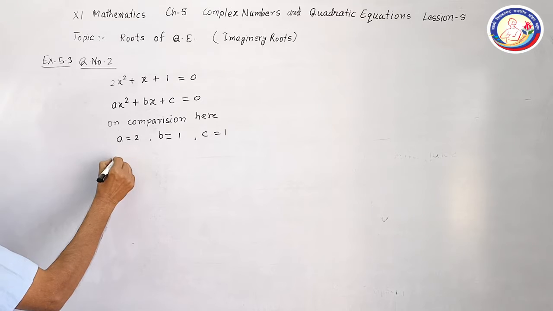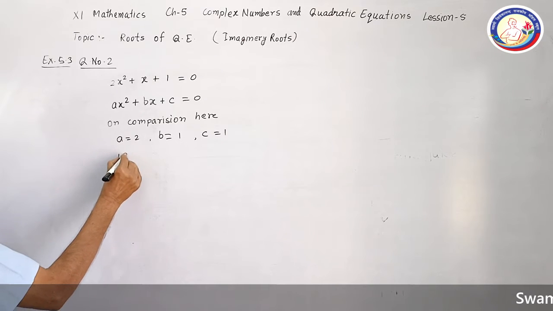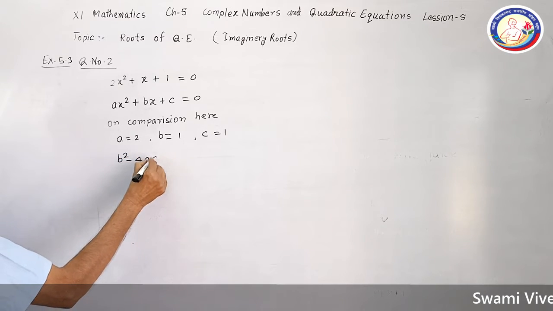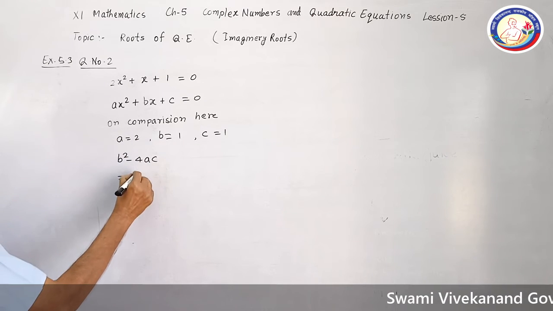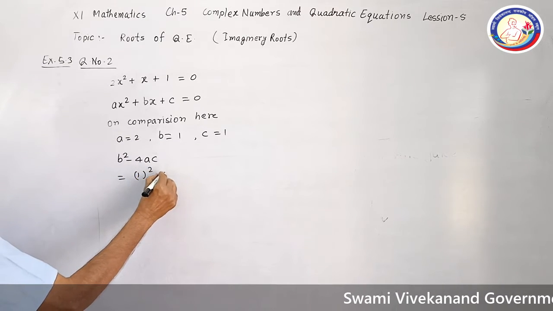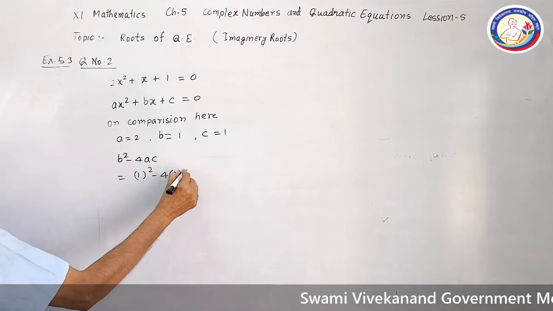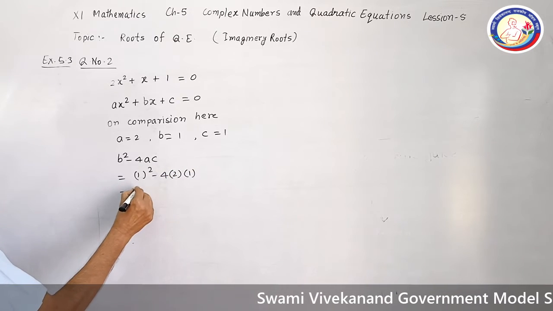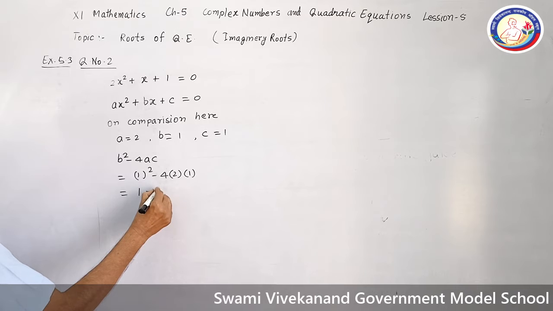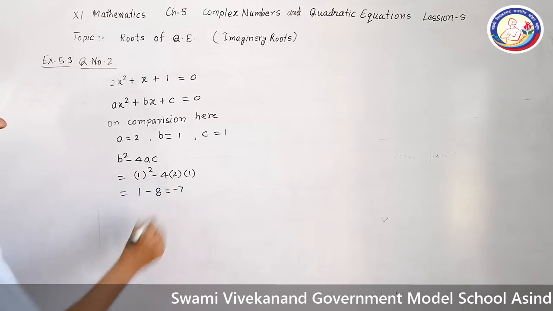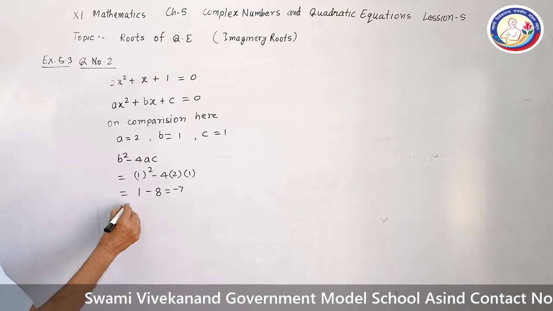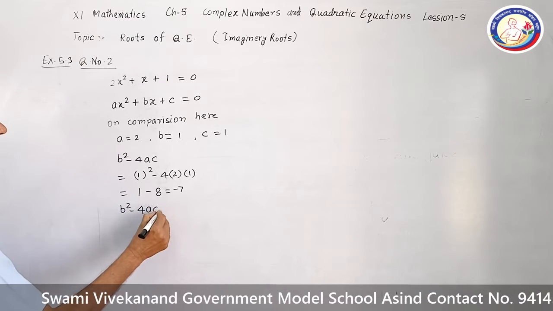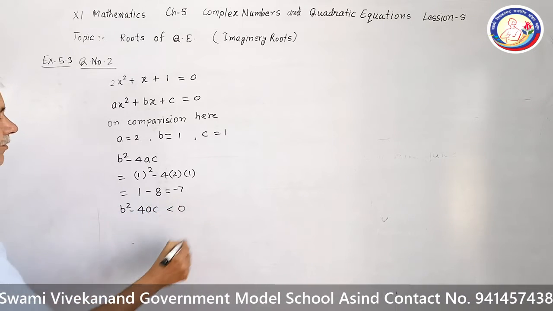Find b square minus 4ac. One square minus 4 into 2 into 1. That is 1 minus 8, and it is minus 7. This is negative. So b square minus 4ac is less than 0.